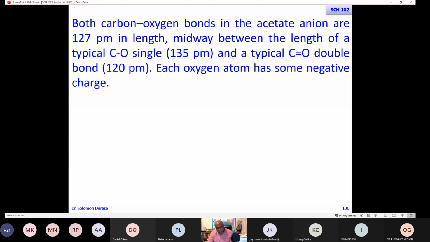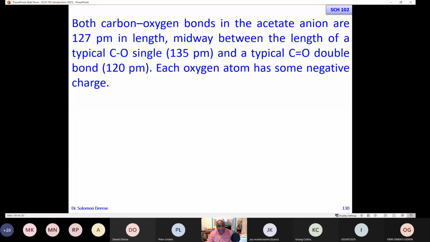So you see, remember in the structures I've shown you, in structure 1, oxygen B was negatively charged. In structure 2, it was oxygen A that was negatively charged. So if you take the average, if you add the two and divide by 2, you will see that each of the oxygens will have some negative charge.